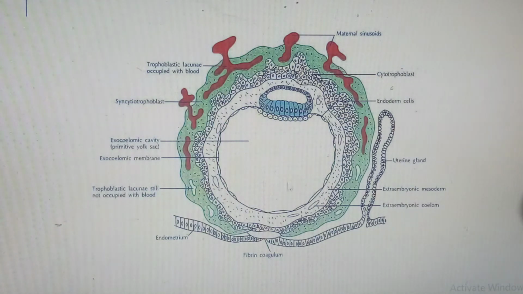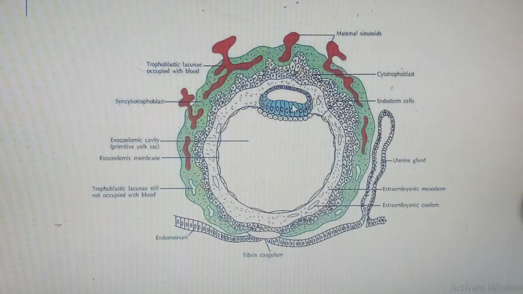And this creates this cavity over here, which we call the primary yolk sac, otherwise the primitive yolk sac, because we will eventually get the definitive one, which is the secondary yolk sac. We also call it the exocoelomic cavity, because the membrane over here is the exocoelomic membrane, Heuser's membrane.